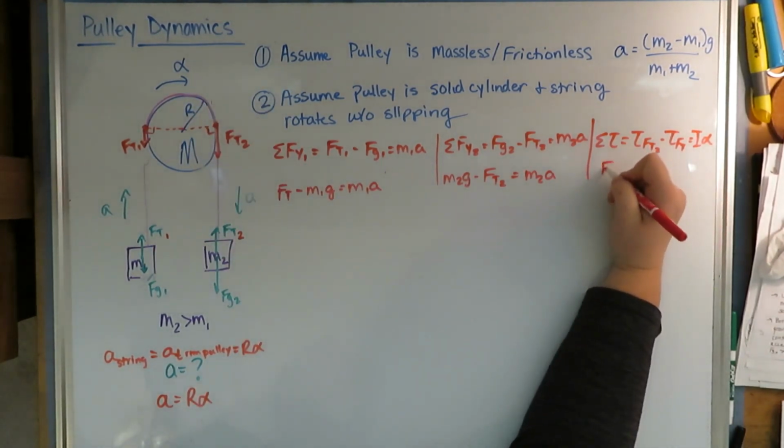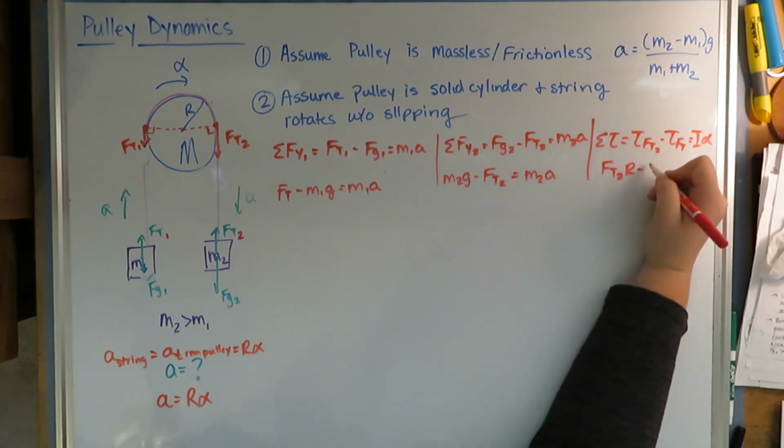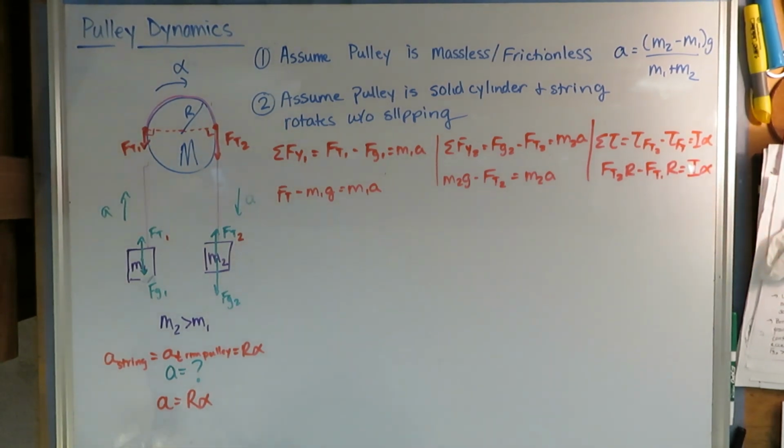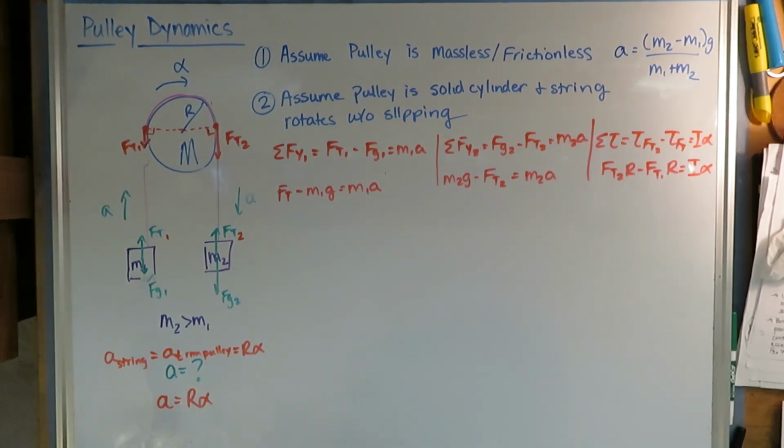So this is just going to be FT2 times R minus FT1 times R is equal to I times alpha. And I'll sub in for my moment of inertia of that solid cylinder in a minute.